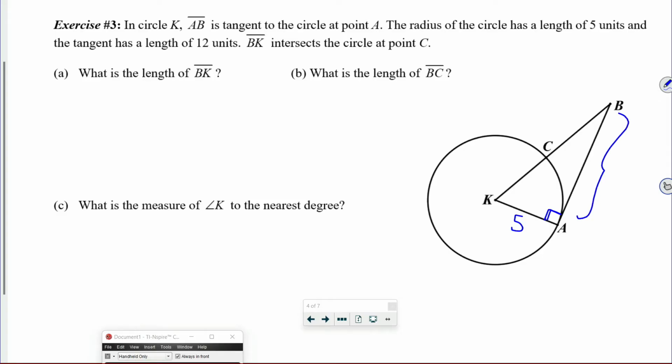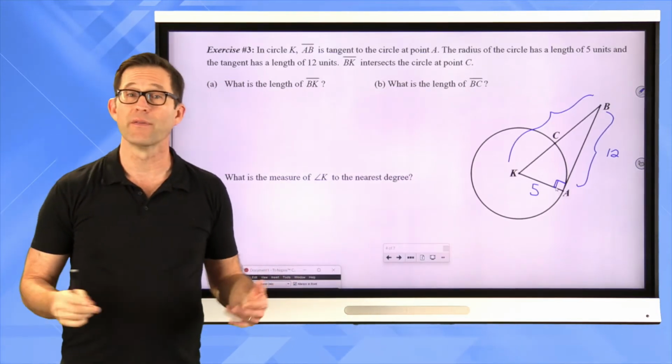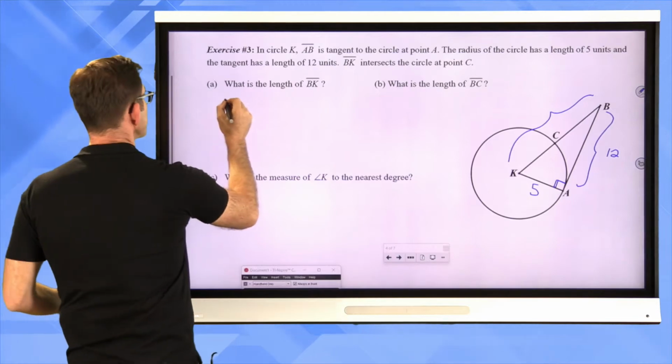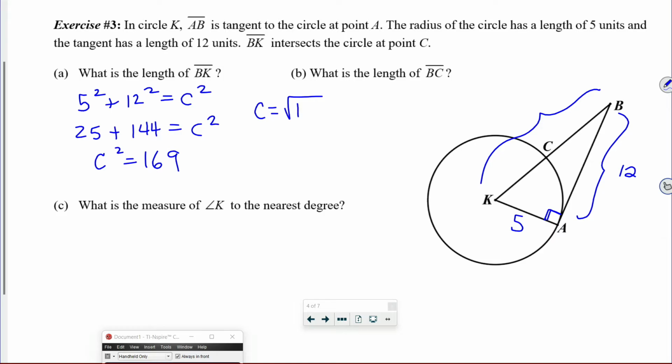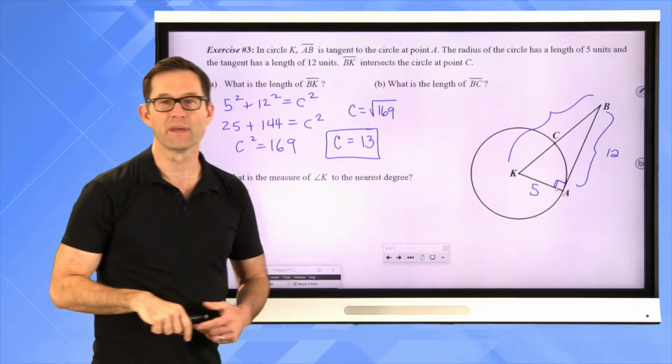We know that the tangent length is 12, and so we can figure out the length of BK by simply using the Pythagorean theorem. So 5 squared plus 12 squared is equal to c squared. 25 plus 144 is equal to c squared. C squared is equal to 169. C is equal to the square root of 169, so C is equal to 13. And that is the length of BK.